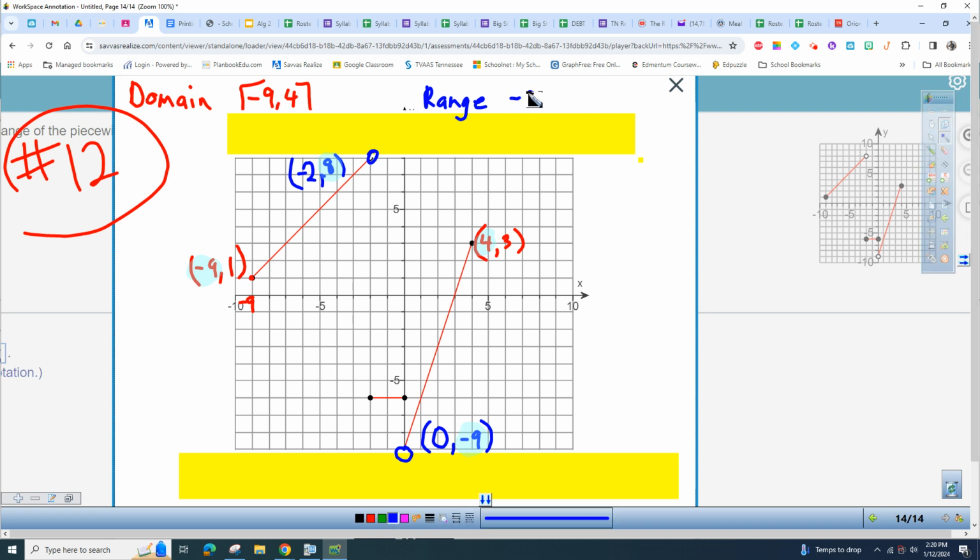So -9, comma 8. And this time they both get parentheses, so they're open dots. Okay. So there's our range. Again, I'm going to need to write that down because when I close this down, I need to type it in and make sure I didn't make any boo-boos.